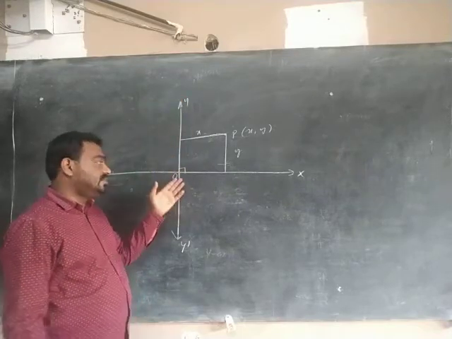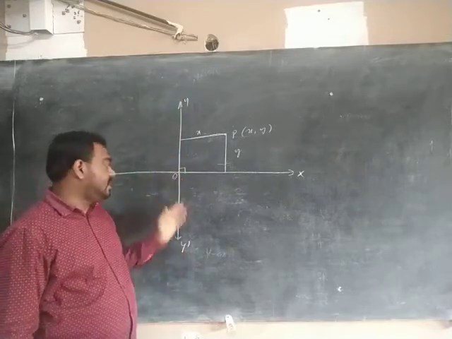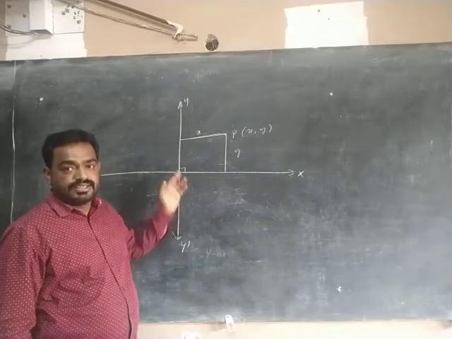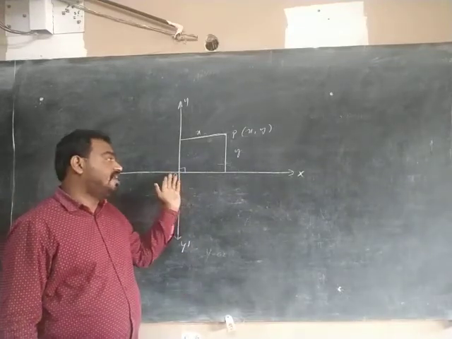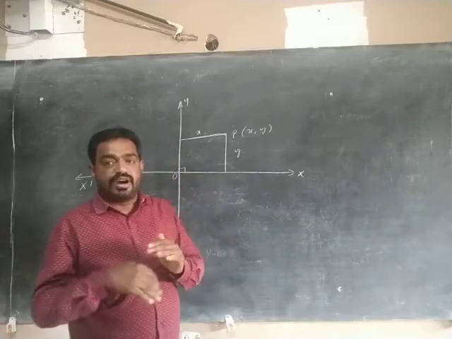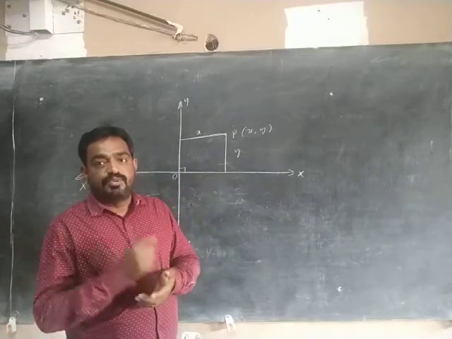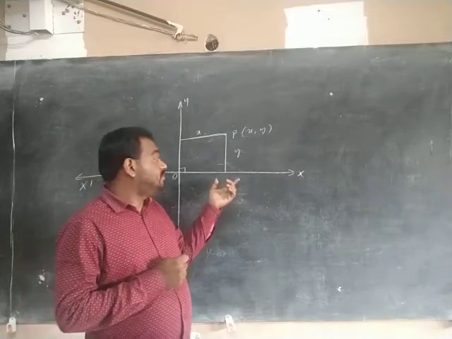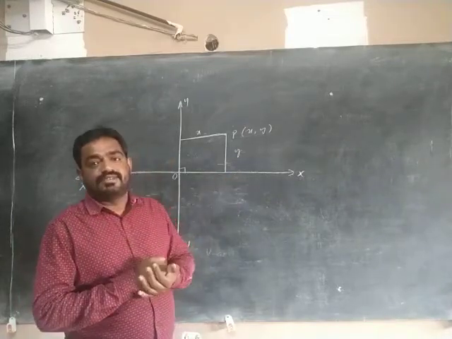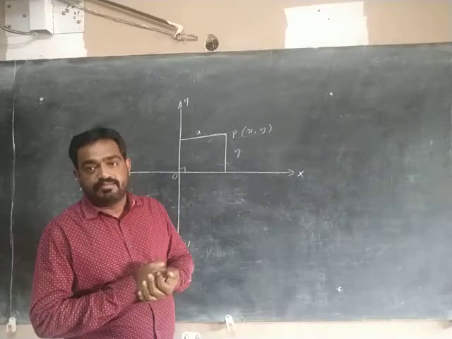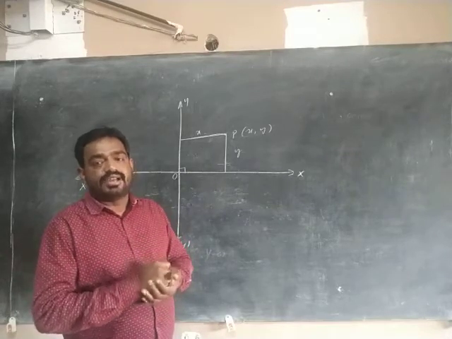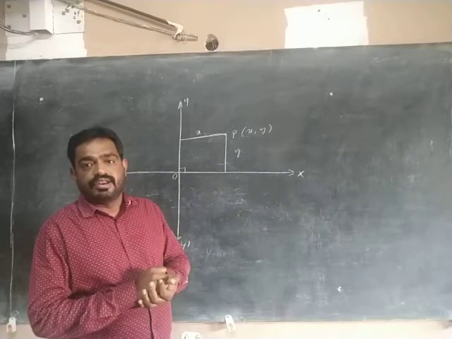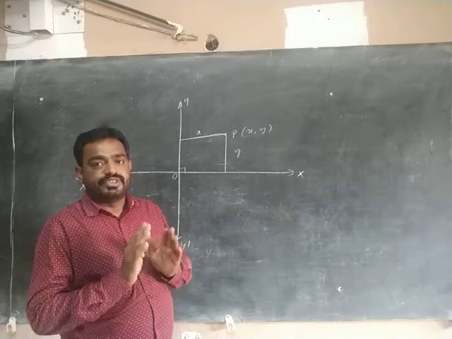The y axis which is below the origin is called the negative y axis, that is OY dash. On the positive axes we take positive real numbers, and on the negative axes we take negative real numbers. Okay, this much we studied now.